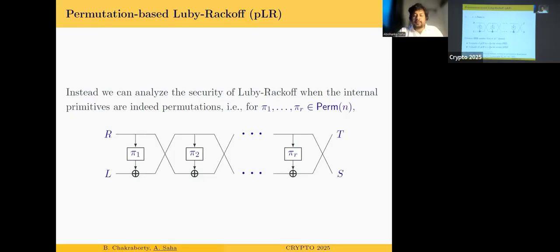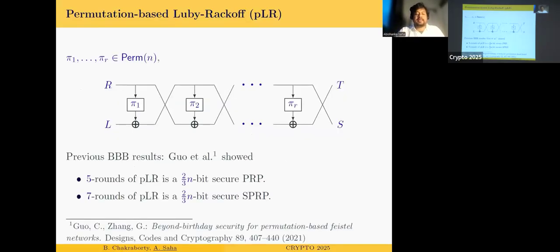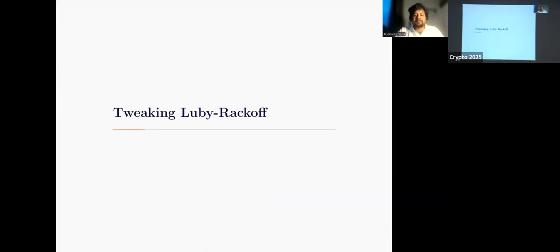Now, the only existing beyond birthday bound analysis of the PLR is given by Guo et al., who showed that 5 rounds of PLR achieves 2n by 3 bit CPA security, where you can query the construction in the forward direction, and 7 rounds of PLR achieves 2n by 3 bit CCA security, where you can query the construction both in the forward and the inverse direction.